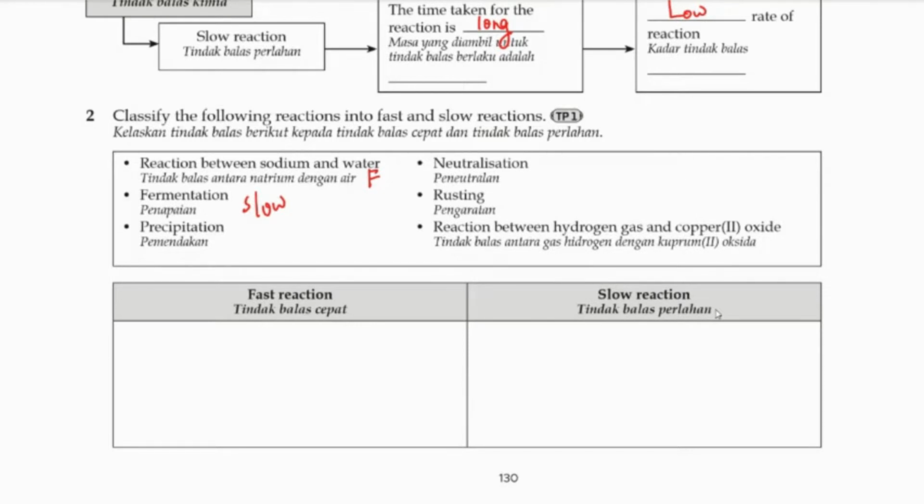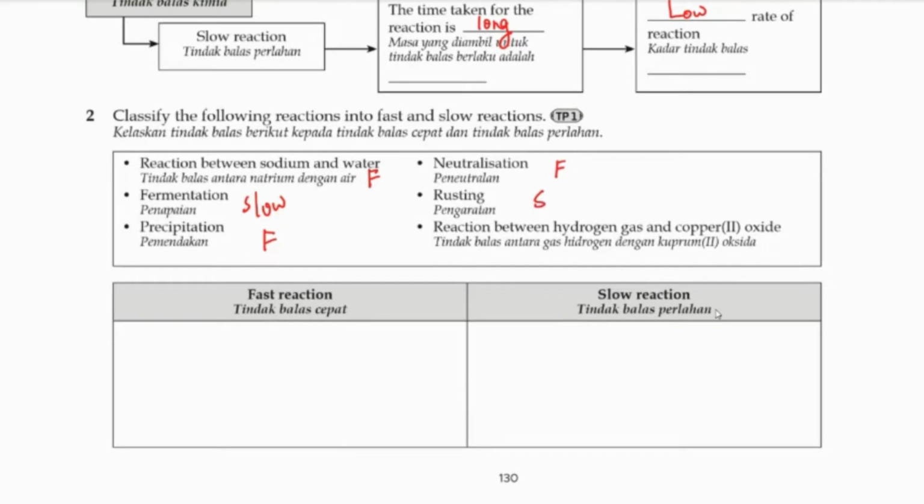Because you put two solutions together, then the reaction occurs and you form the precipitate. This one is very fast. Neutralization: acid reacts with alkali to produce a salt and water. Is it fast? Neutralization is also fast.